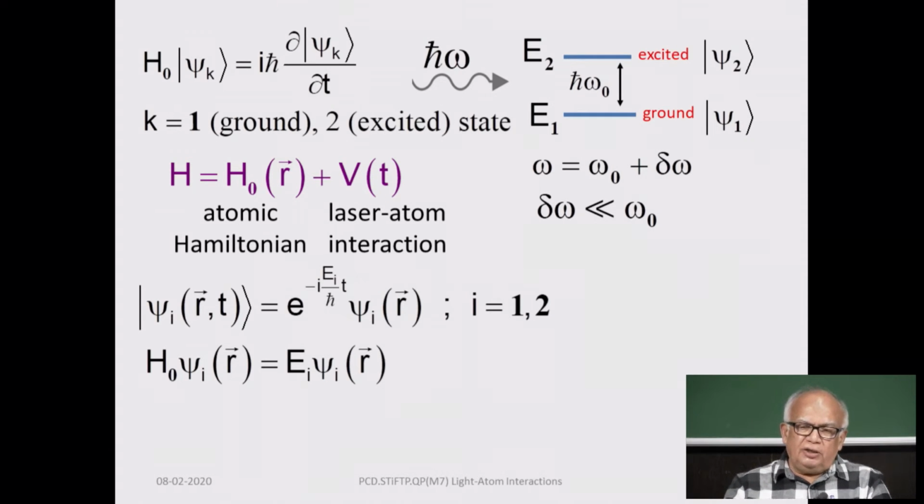So, each individual state psi 1 and psi 2 is time dependent, and this time dependence is governed by the dynamic phase, which is e to the minus i E over h cross t as we know it.